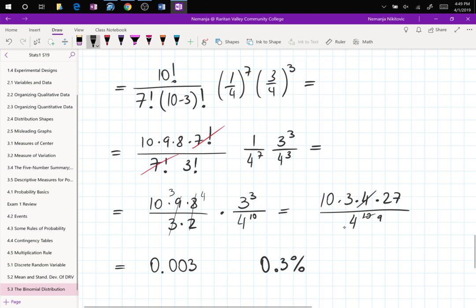If you have four possible answers, yes, for each question. That's the formula for binomial coefficients. It's supposed to be 10 minus 7.